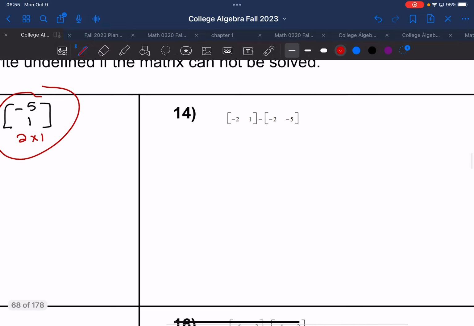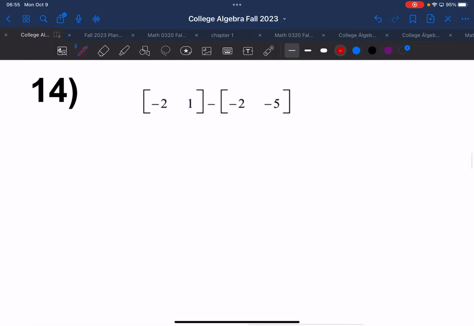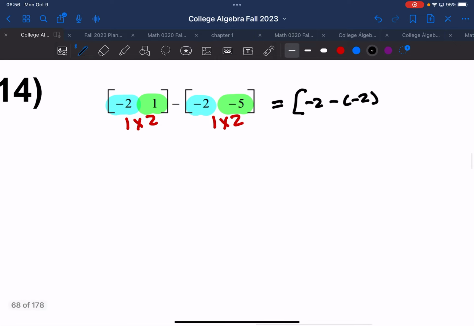So let's look at 14. Our first step is to do the dimensions. What's the dimension of the first one? 1 by 2. What about the second one? Same thing. So are we able to subtract? Yes, so we are subtracting the 2 first terms, so right here, and then subtracting the 2 second terms. Okay, so we have -2 minus a -2, and then 1 minus a -5.